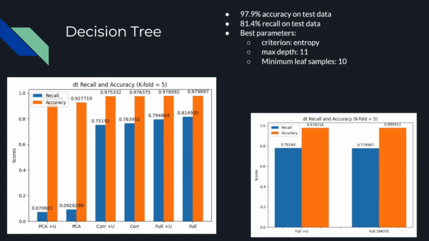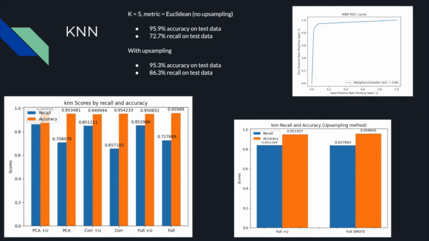It gives us an 81% recall score, and we compare it with two different upsampling techniques in the bar graph to the right, and we notice no significant change between the SMOTE and plus U techniques, and plus U works slightly better.